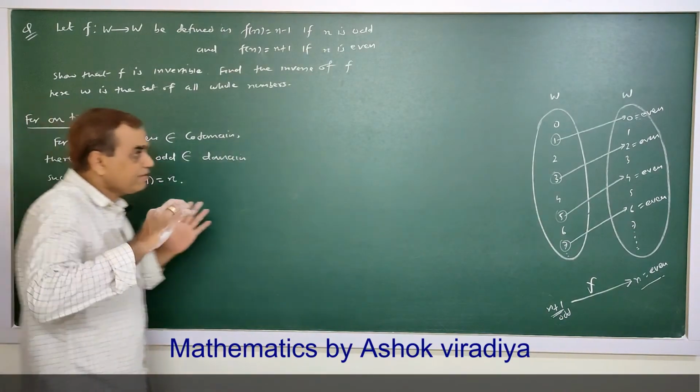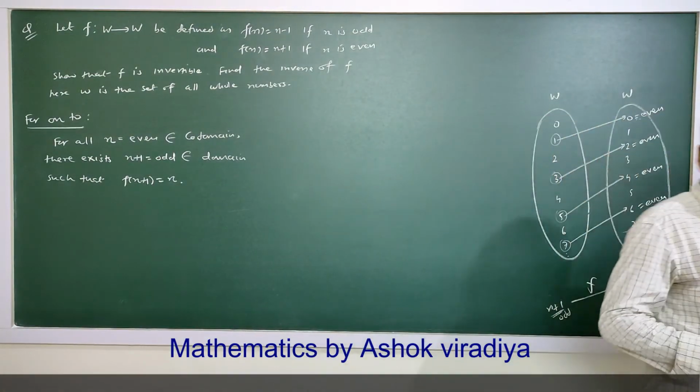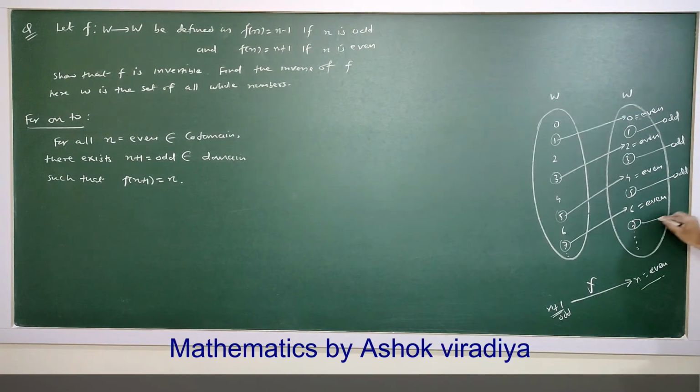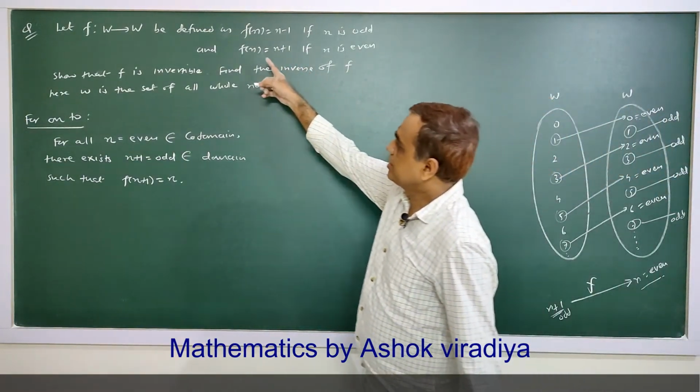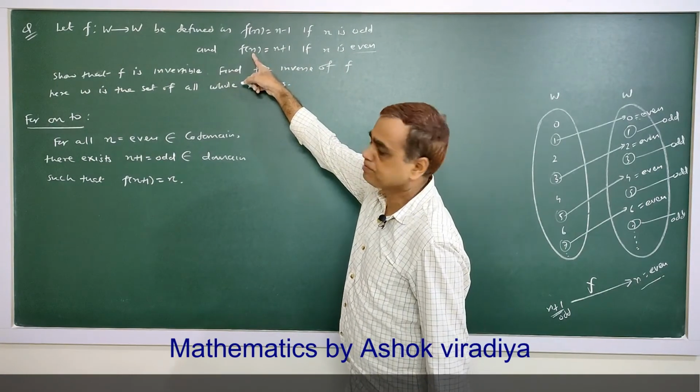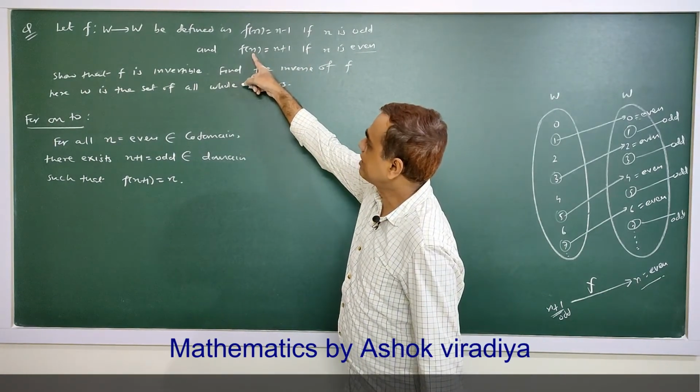Now the same statement we are putting for odd numbers. Say this number is odd, this number is odd, this number is odd. Now look at odd numbers from the codomain. See, if you put an even input, then the output is one more.